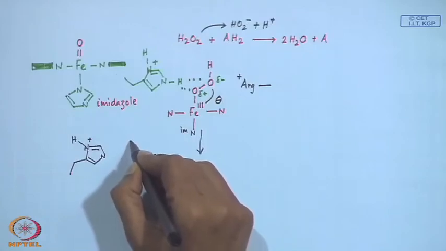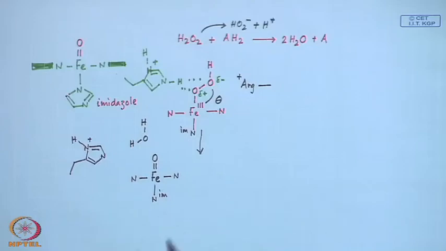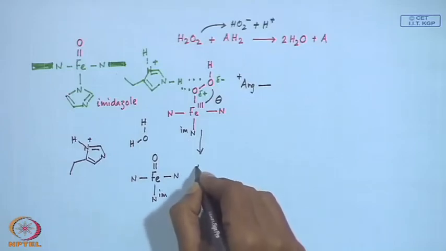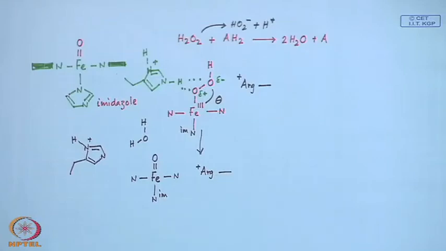So, you have HOH and the positively charged arginine. So, the cycle continues.